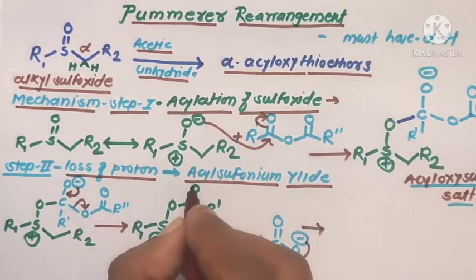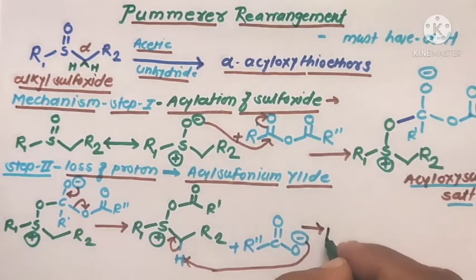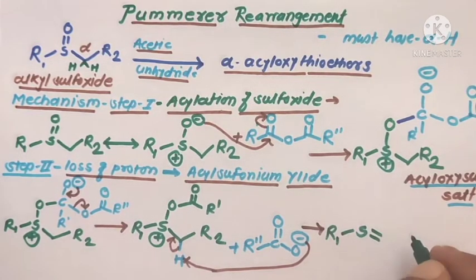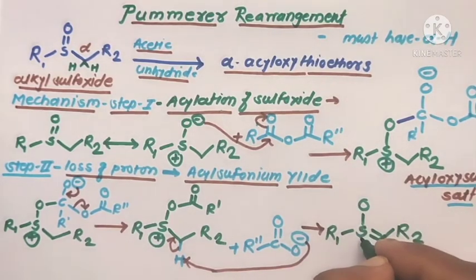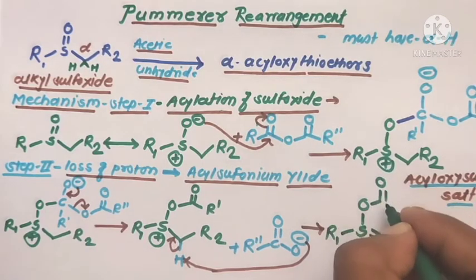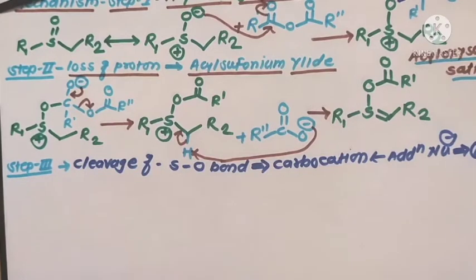That is the formation of the acyl sulfonium ylide molecule, like R1 S double bond CH R2, with the sulfur-oxygen C double bond O.